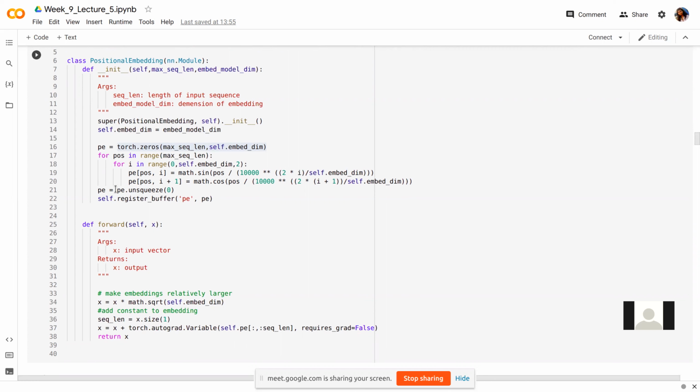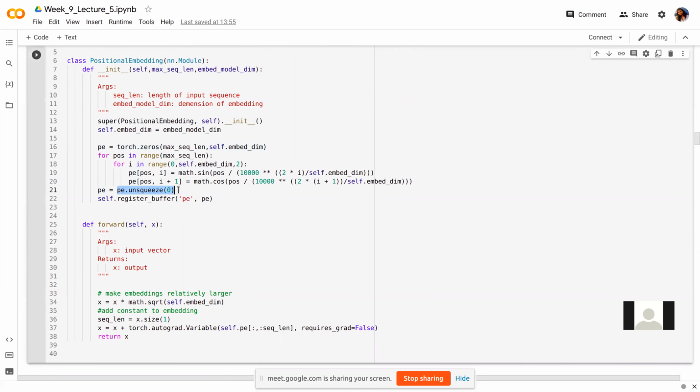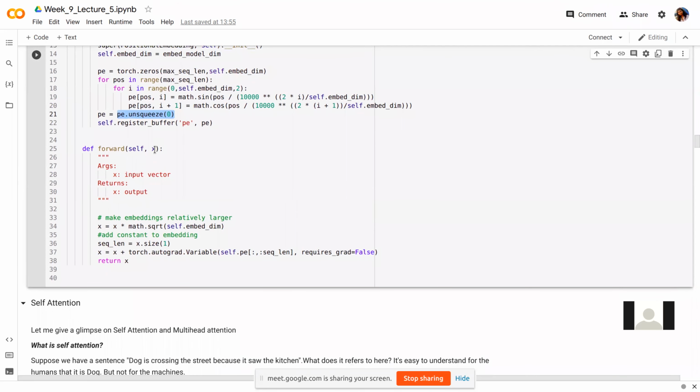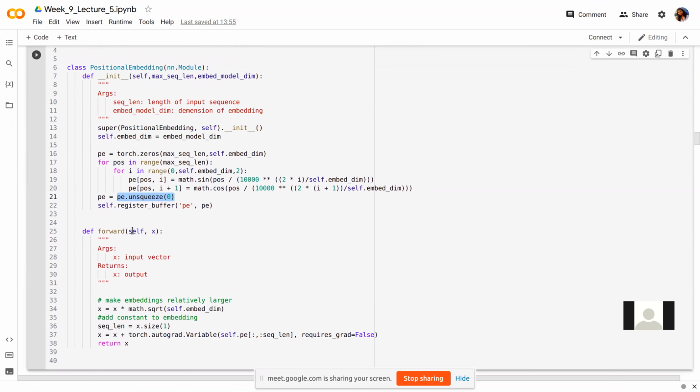Note that this has been unsqueezed here because of the batch size. So there was no batch dimension here. So it will now be of the shape 1, comma, maximum sequence length, comma, the embedding size. Okay. And then whenever an input will be given to it, it will take the input, right?